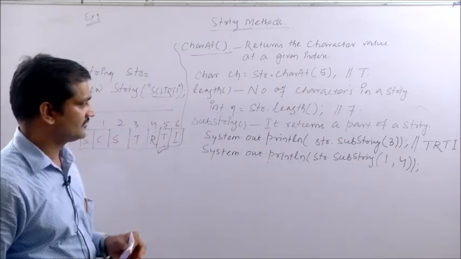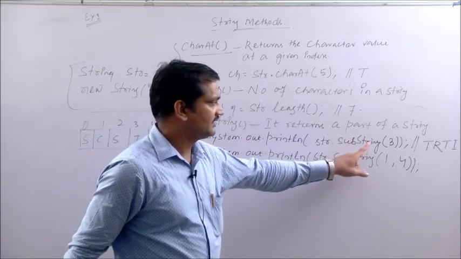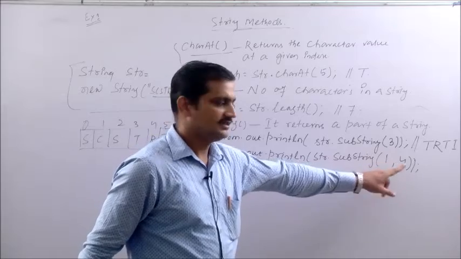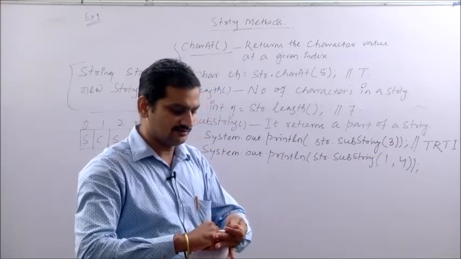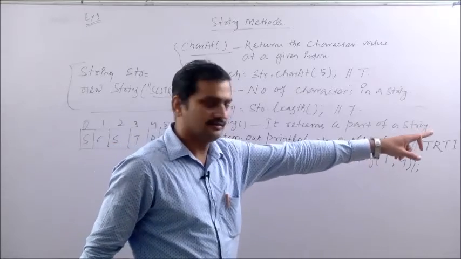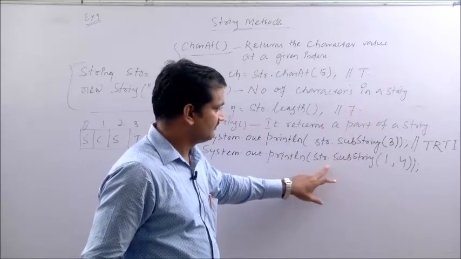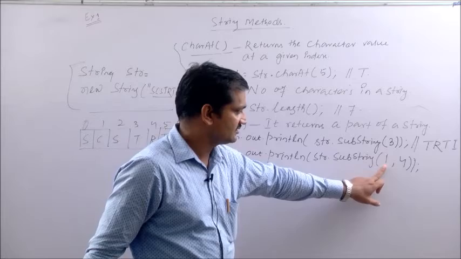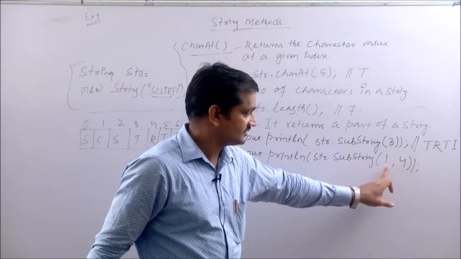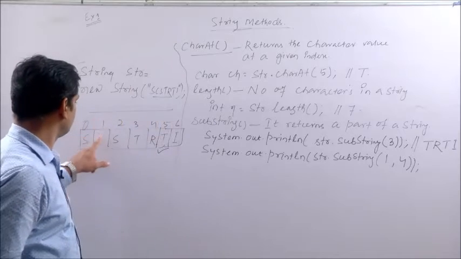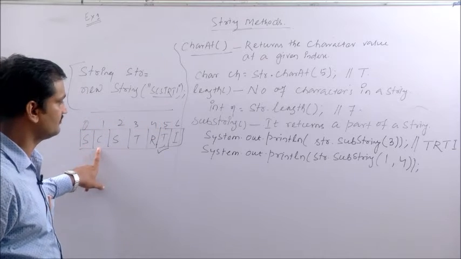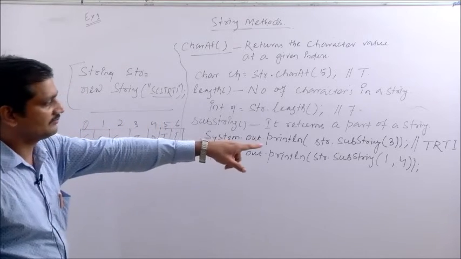So, there are two forms of this substring method. It may take one argument or two arguments. If it takes one argument, then it considers that argument as the starting index, and till the end it displays the part of the string. If it takes two arguments, then the first is the starting index and the second one is the number of characters to return. So, starting from index 1, I want to return 4 characters.